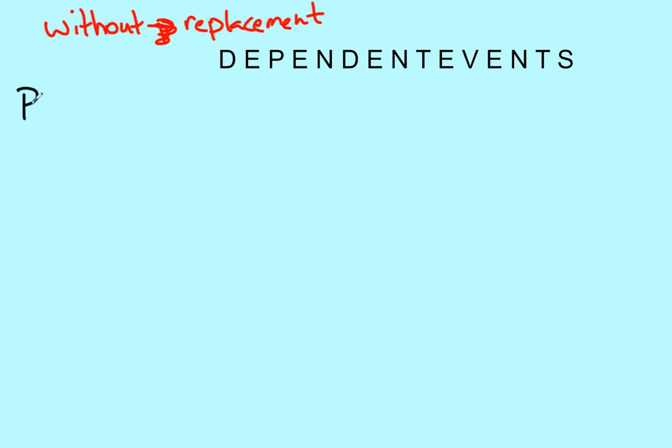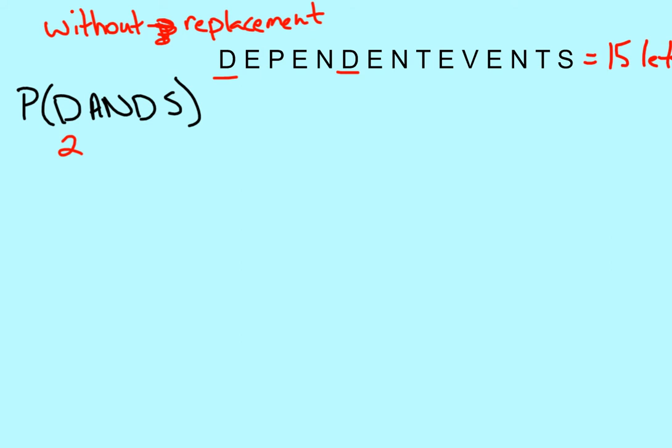So the first question said, what is the probability of getting a D and an S? First we look at what is the probability of getting a D. Well, there are 2 out of a total of 15 letters here. So every time, this first event will always be some number out of 15.